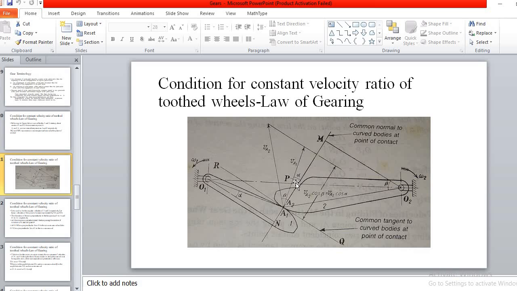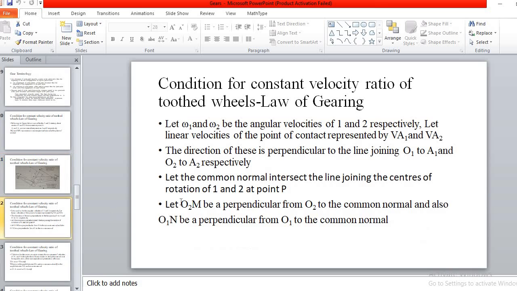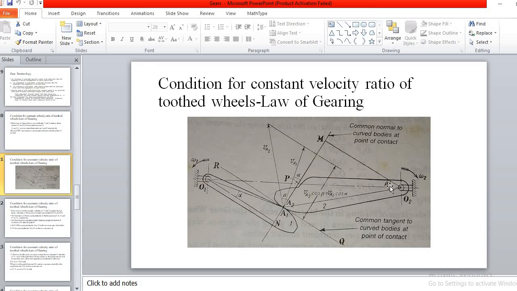These are perpendicular to O1A1 and O2A2 respectively. VA1 is the linear velocity component for curved body 1, perpendicular to O1A1, and VA2 is the linear velocity component for curved body 2, perpendicular to O2A2.